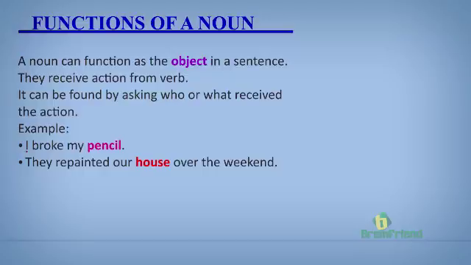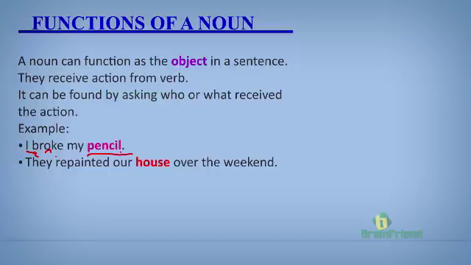I broke my pencil. I broke. So I is the subject, right? Yes. And we have the verb broke. That is the action. What did I break? The pencil. And pencil is a noun. It's a thing or an object. It is a noun. So you can see that a noun has taken the place of the object in this sentence.